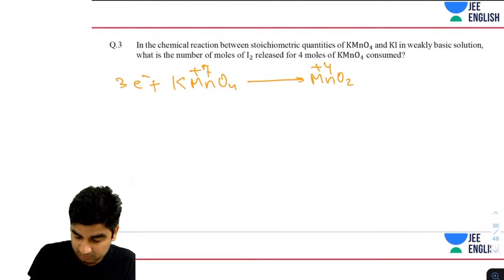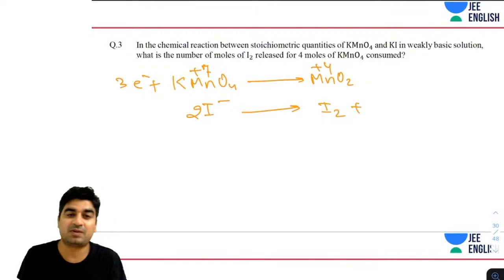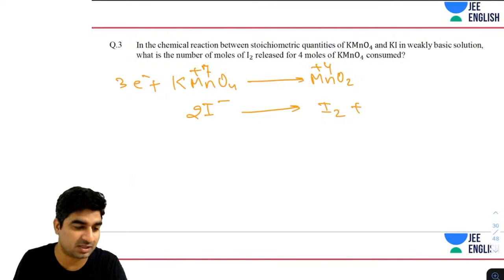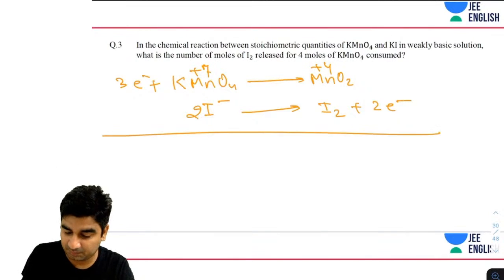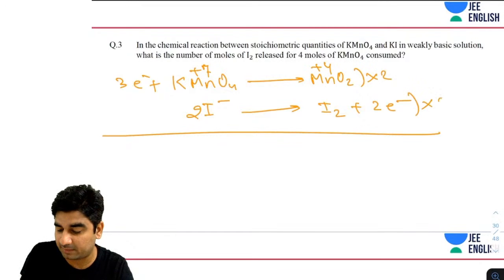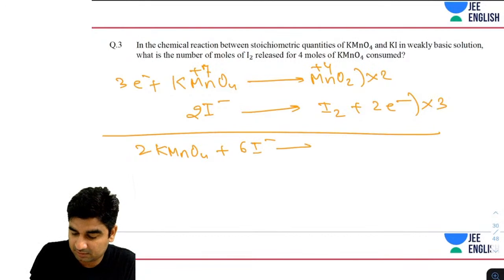And now I minus will give you I2. So guys, redox we have just completed, and I think it was the easiest problem of the paper. You will be losing 2 electrons here, multiply it by 2 and multiply it by 3. So you will be getting 2 KMnO4, 6 I minus.